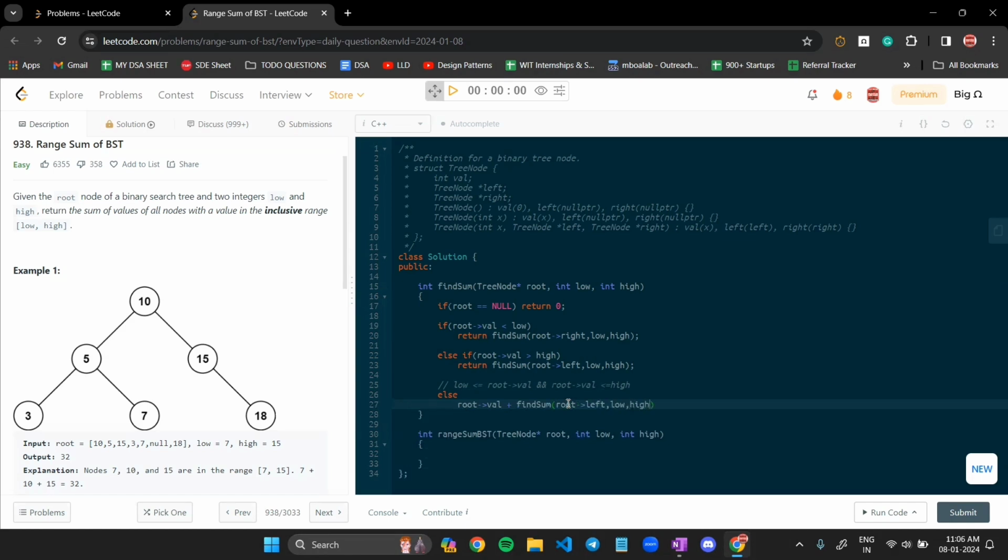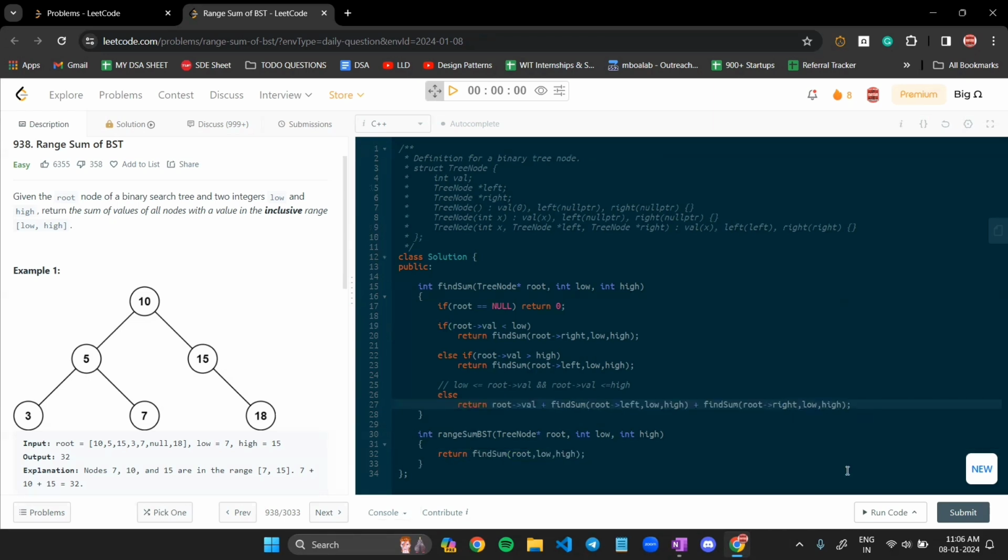We'll pass the low and high, and we'll make a right call. Okay. So let's say that here we are going to return findSum and we are going to pass the root, low and high.